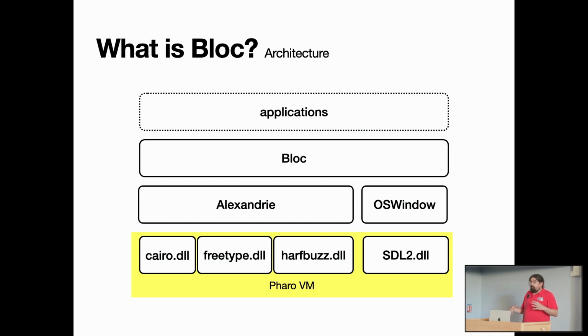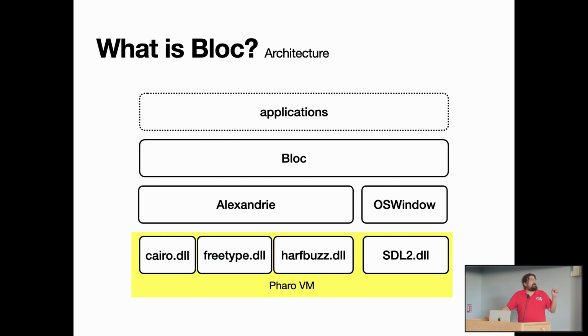So we have taken all this knowledge and all this handling to improve the rendering using Cairo to generate what we call Alexandrie, that is basically a really low-level API, very close to the API exposed by Cairo itself, but with some nice features by using a Smalltalk library.